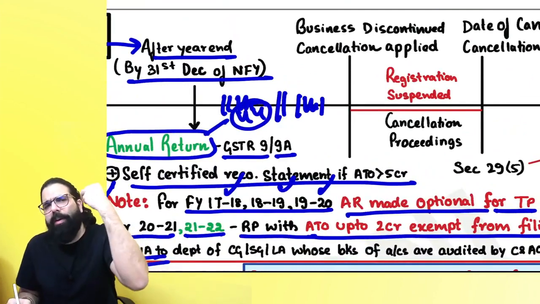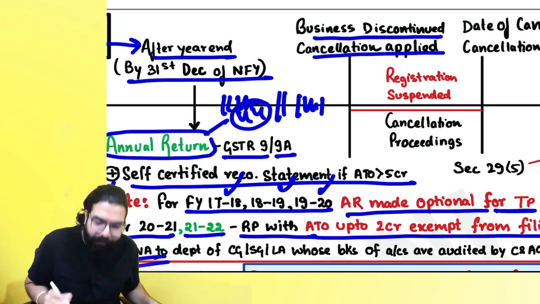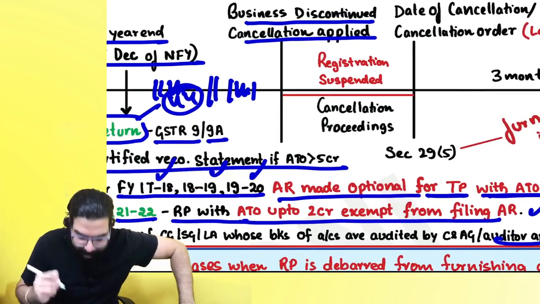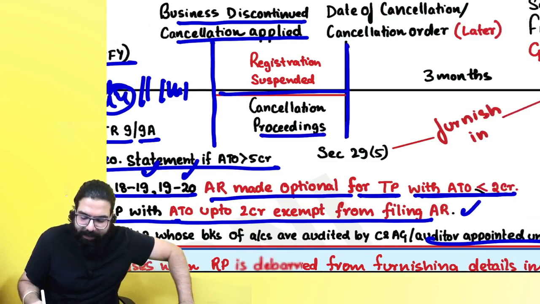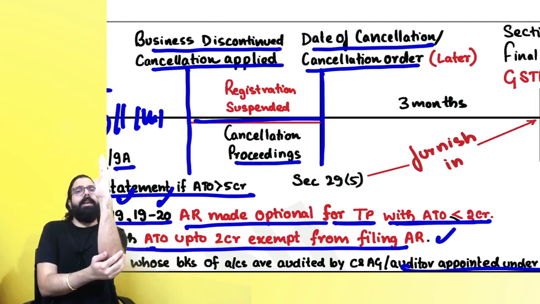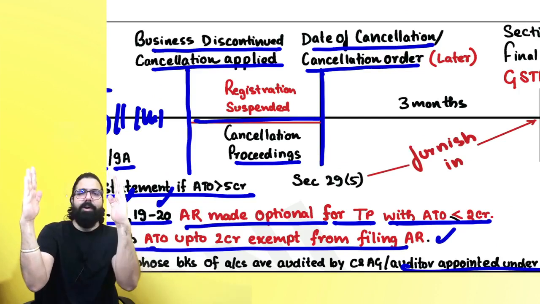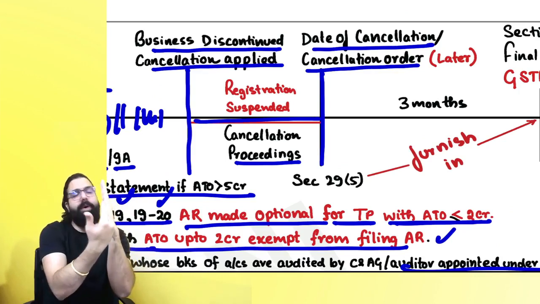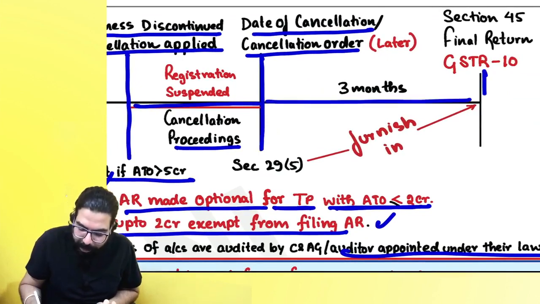One day I said I don't want to do business anymore, and I discontinued my business and applied for cancellation. Now I'm linking it to your chapter on cancellation of registration. Once you apply for cancellation, registration will be suspended and cancellation proceedings will go on. Once the cancellation proceedings are done, from the date of cancellation or the cancellation order, whichever is later, if the registration is cancelled retrospectively, you have to file within 3 months something called a bye-bye return.